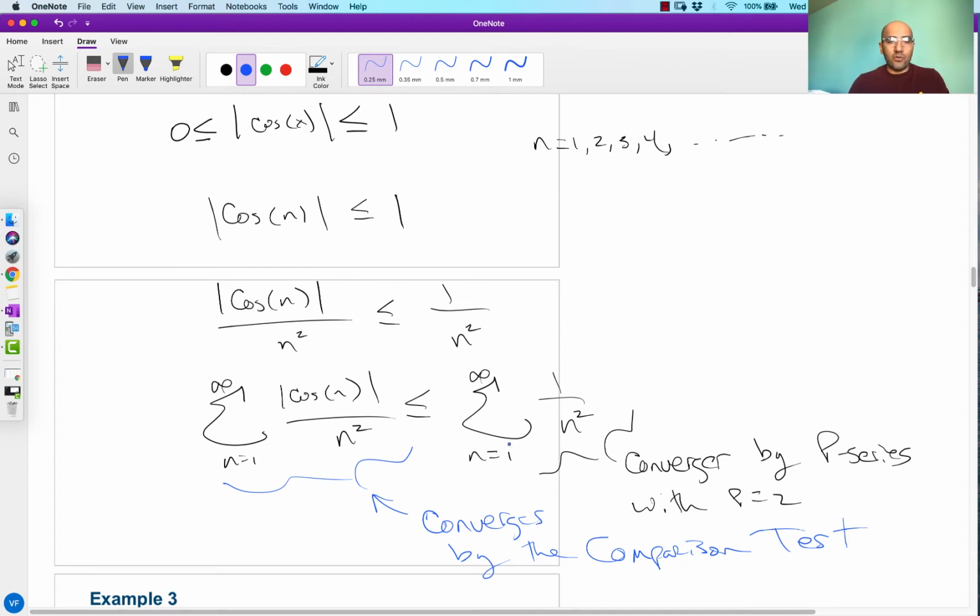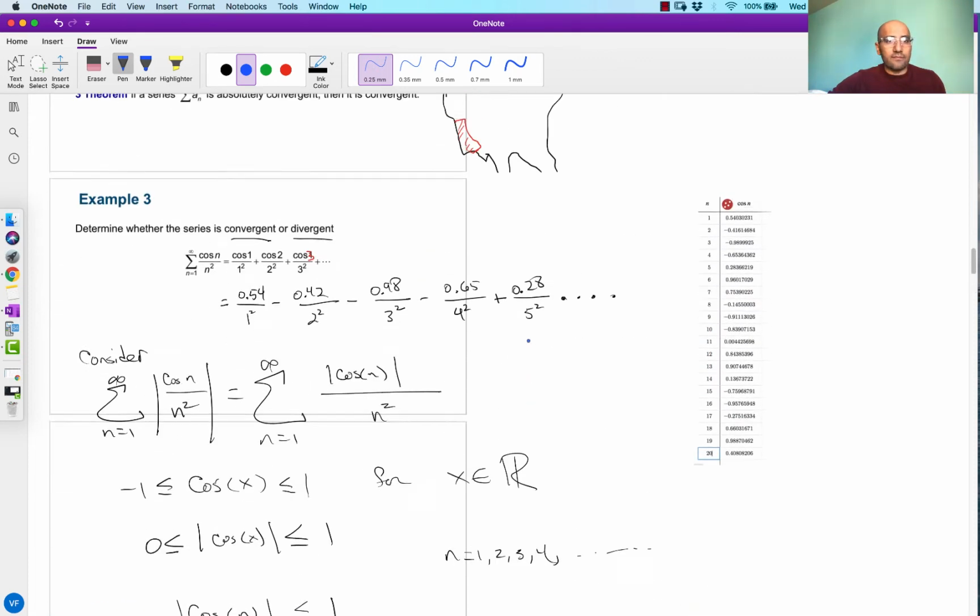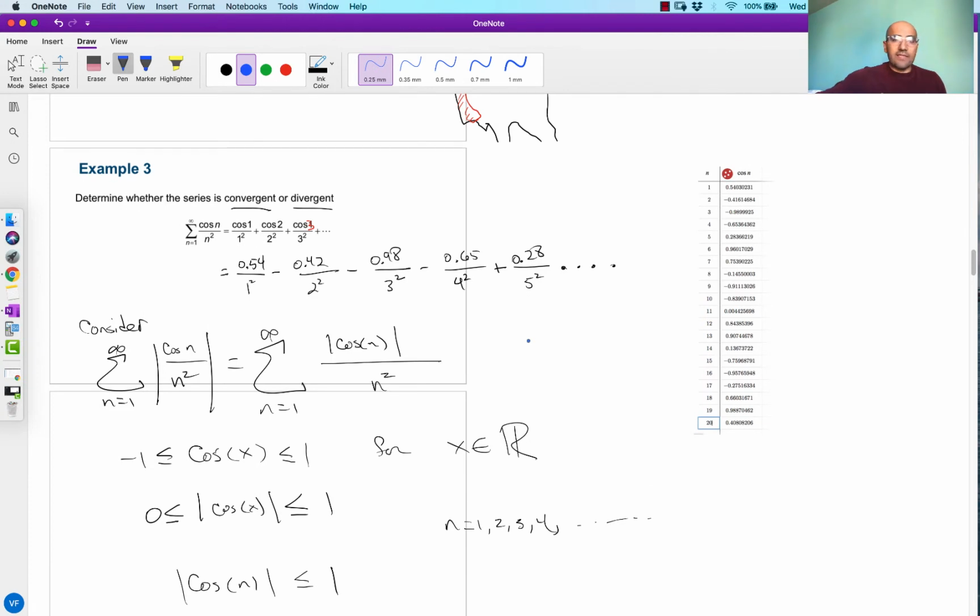Therefore, the original one we were working with is absolutely convergent, and thus convergent.